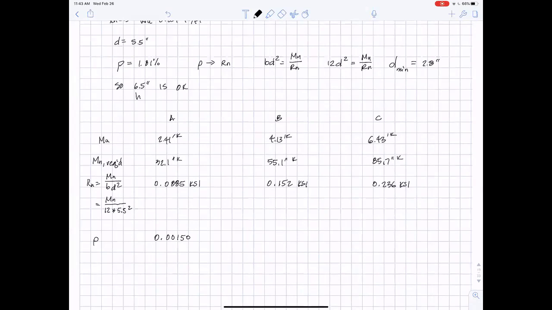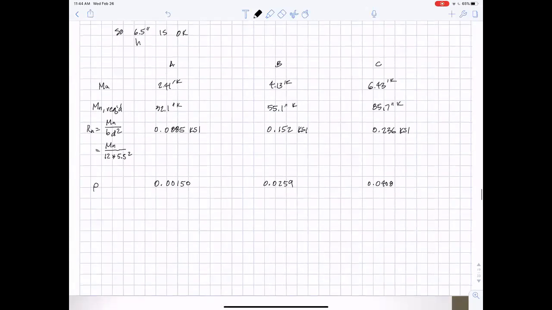Let me just do this for the other two. For 0.152 KSI, solving for rho, 0.0259. And for this last one, 0.236 KSI, solving for rho, 0.0408.